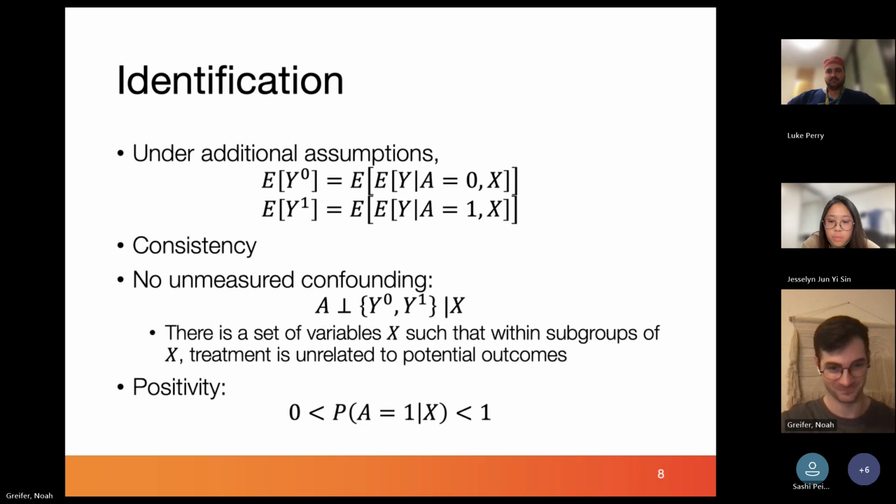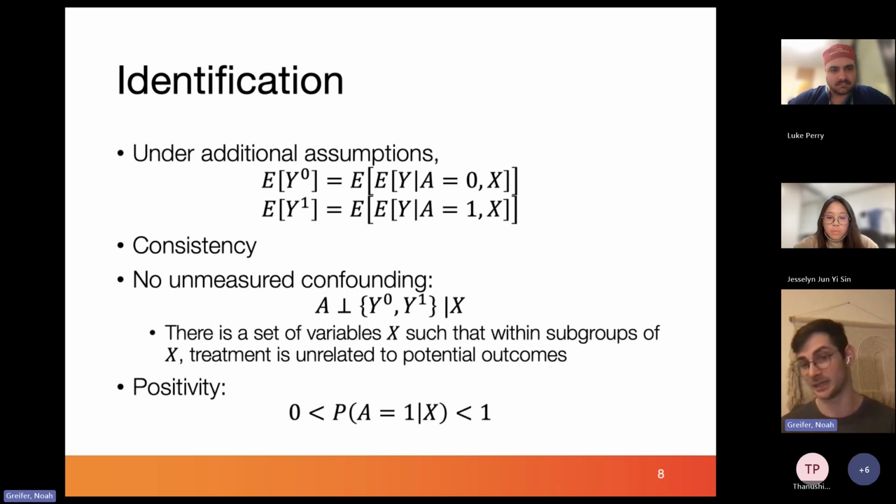Sorry. Yeah, sure. I was wondering about positivity. This kind of implies that you're assigning patients to treatments, so this really only applies to RCTs, right? It doesn't. I may be using the word assignment in a looser, abstract way. Patients may be selecting their own treatment, or doctors may be selecting it for them.